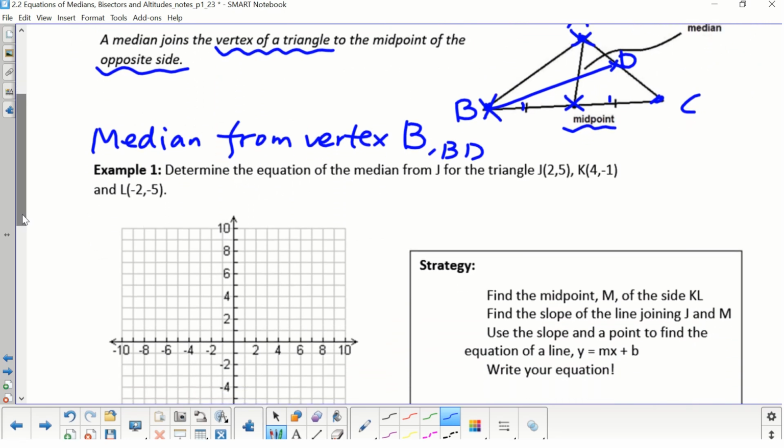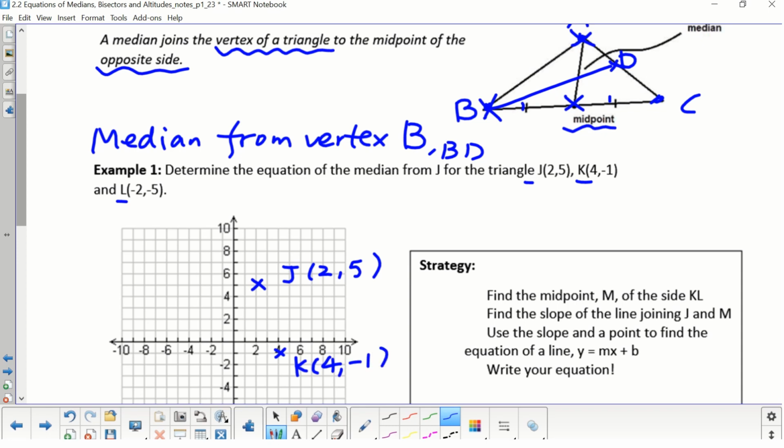No problem. Okay. So this is a question: we have the triangle JKL. We don't have to sketch it, but at the very beginning we want to show you visually what a median looks like. So J is (2, 5). So find the point. K is (4, -1).